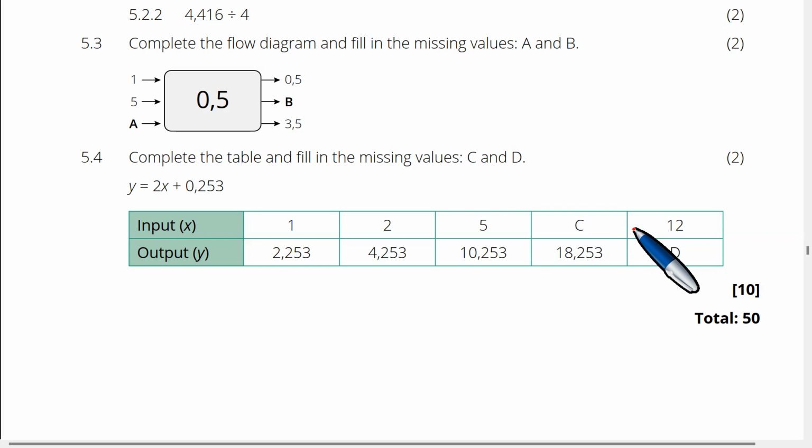I mean, is the input 7? Okay, let's try and check together.